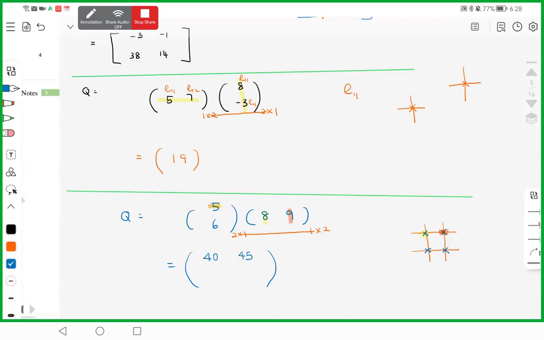Third one, over here, row 2, column 1. The last one, row 2, column 2. So you will have 2 times 2 as your output.